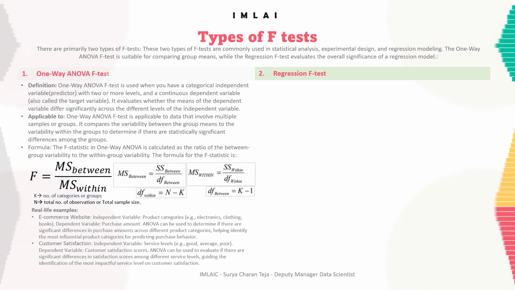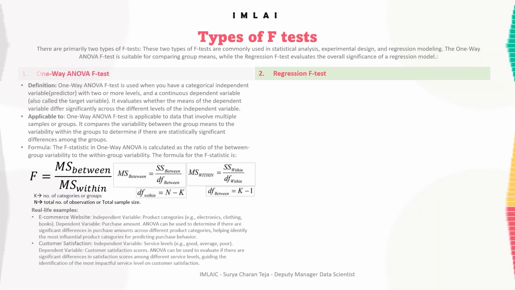It's a statistical test used in regression analysis to assess the overall significance of a regression model with multiple predictors. So it determines whether the model with multiple predictors is a significant improvement over an intercept only model.